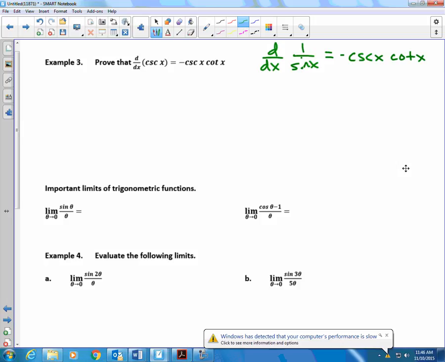Quotient rule says the derivative of the top, which is 0, times the bottom, minus the derivative of the bottom, cosine of x, times the top left alone, just 1, all divided by the bottom squared.